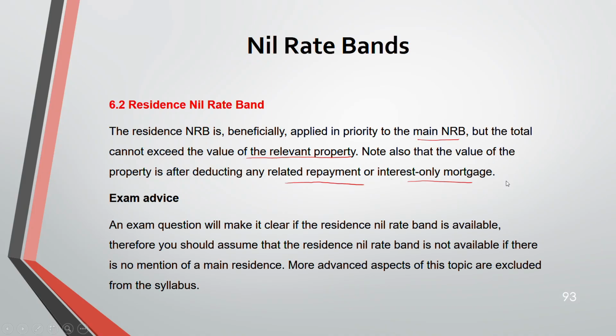Now, exam advice. An exam question will make clear if the residence nil rate band is available or not. You should assume it is not available if they have not mentioned a main residence in the question. And more advanced aspects of this topic are excluded from your syllabus.